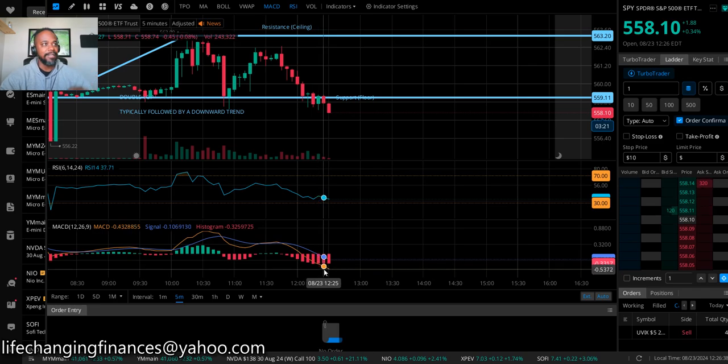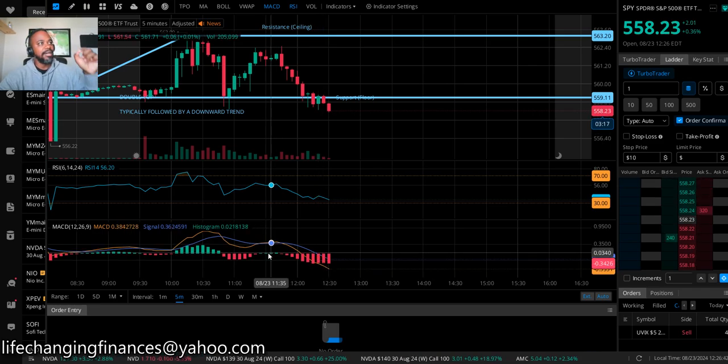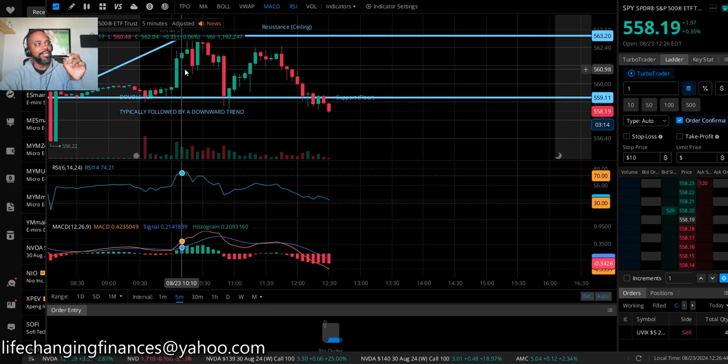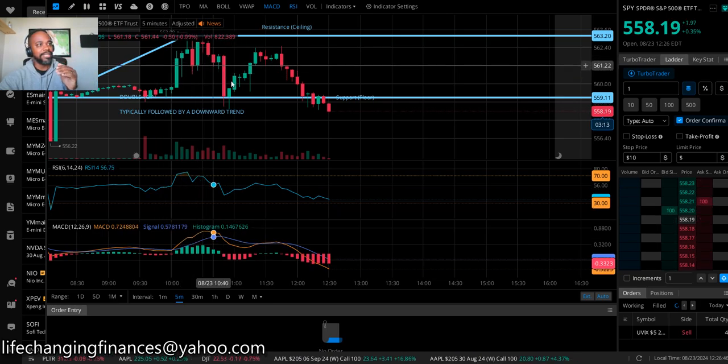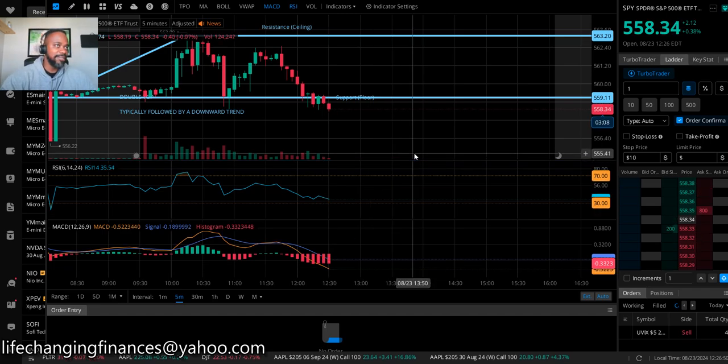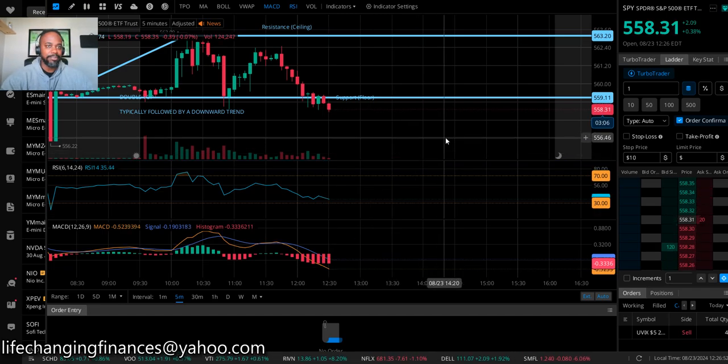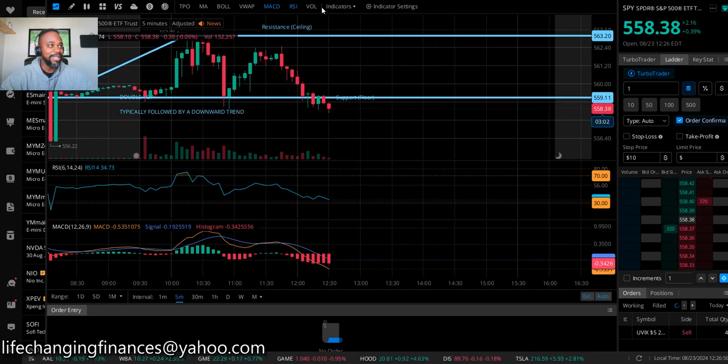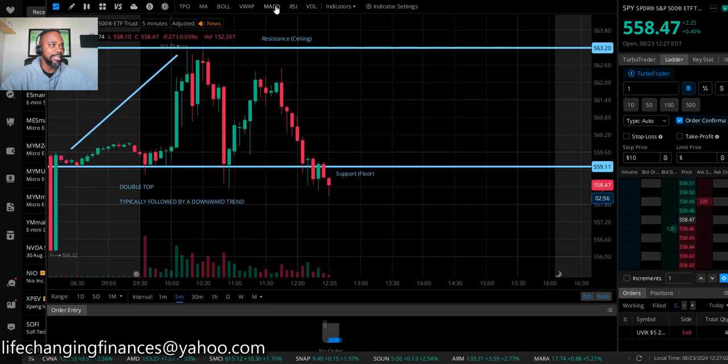So basically, it's reversing what you see here on the chart of how things turned out. But as of right now, there is a lot of selling pressure because the market is getting ready for what's to come in the next hour and a half or so. Big day ahead. Okay. So that's a look at the MACD and the RSI.